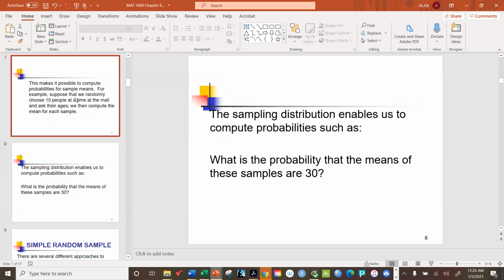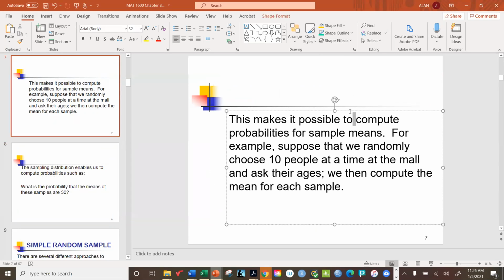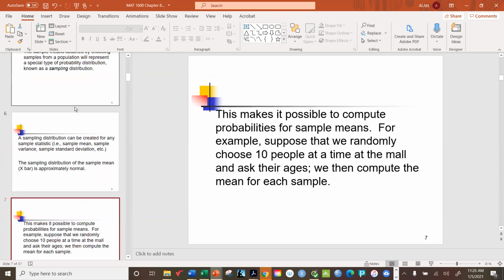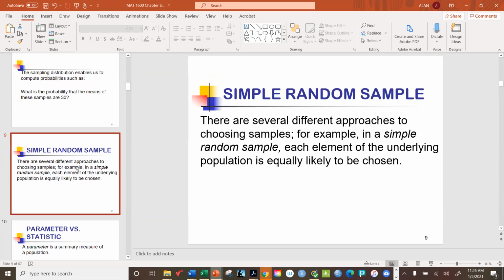Okay, so now what we have to do here is define some of the key properties of these sampling distributions. So for example, we'll start by noting that there's many different ways in which we can actually create a sample. For example, suppose we choose our samples in such a way that every member of the population is equally likely to be chosen.